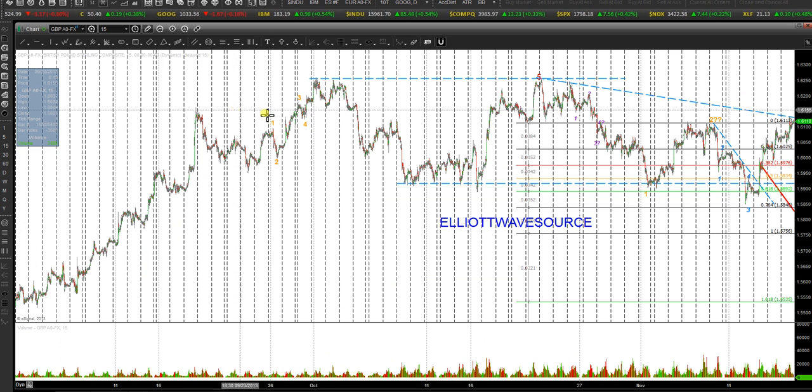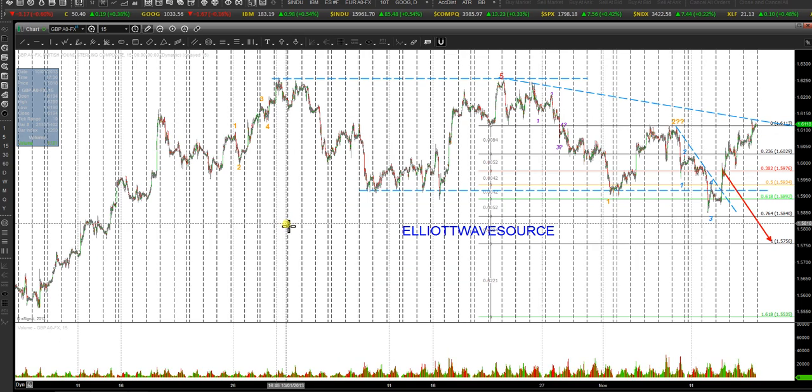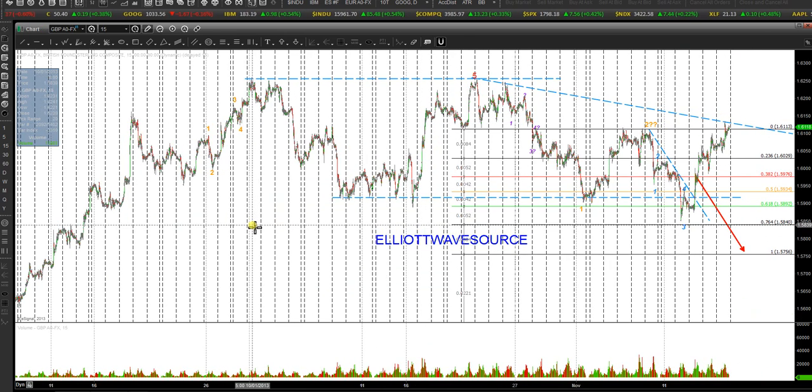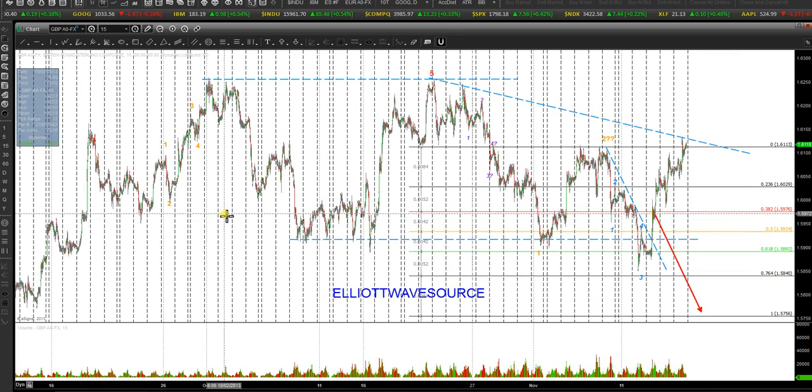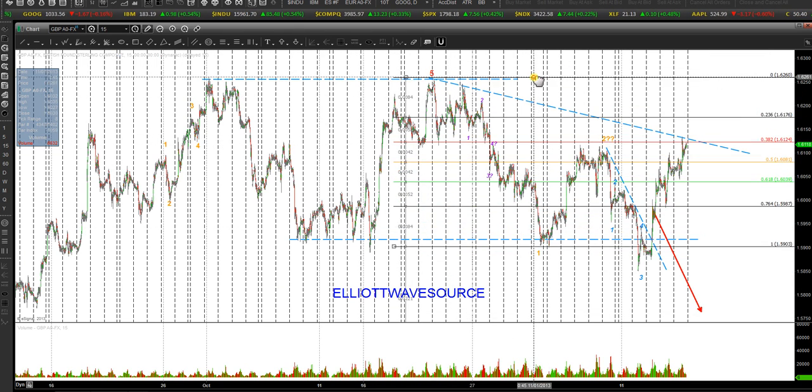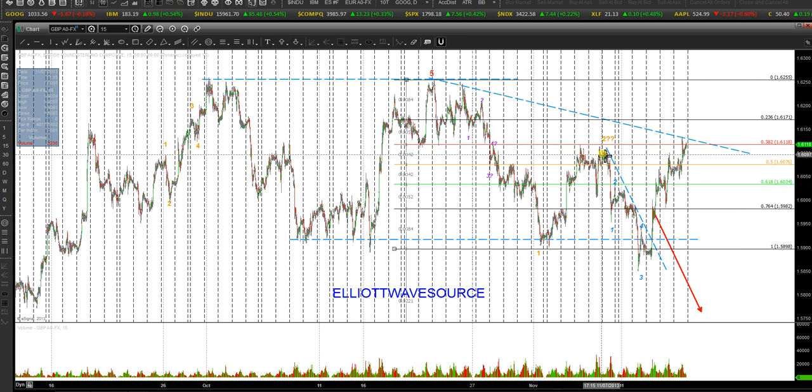The pound dollar, which was touched on in the daily video on Wednesday, I believe, still has the bias to the downside. You see we had that larger wave 1, which was followed by a 61.8% correction for wave 2, but it appears there was then an ABC formation.